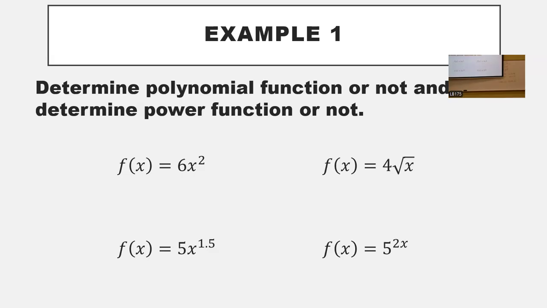And then bottom right, f of x is equal to 5 to the 2x power. There you go.